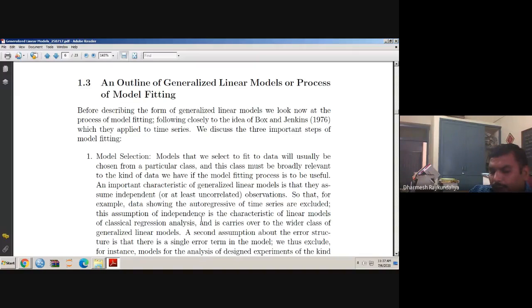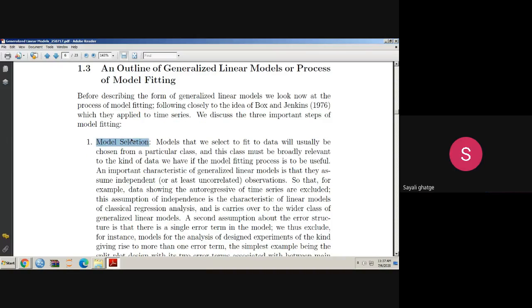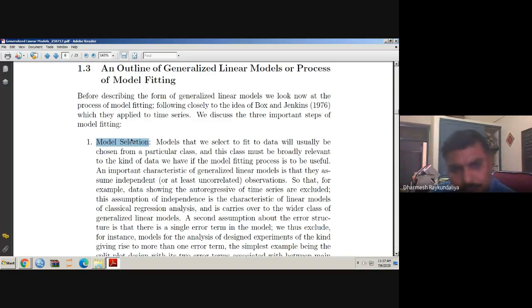What is that? The first step is model selection. So what will you do in model selection? Models that we select to fit the data will usually be chosen from a particular class. And this class must be broadly relevant to the kind of data we have if the model fitting process is to be useful. That means whenever you select the model, it should come from a wider class and also be supported by the data.